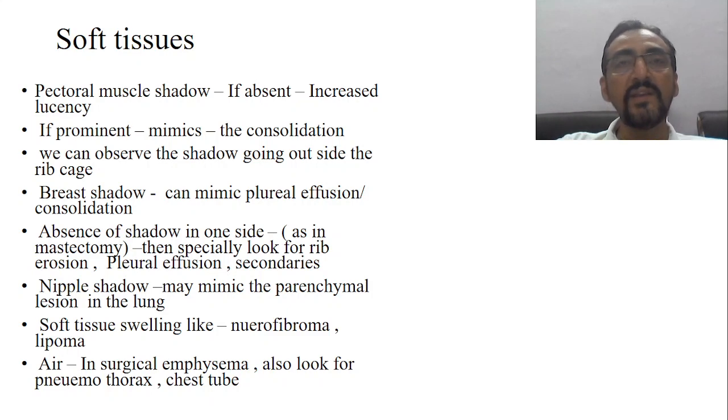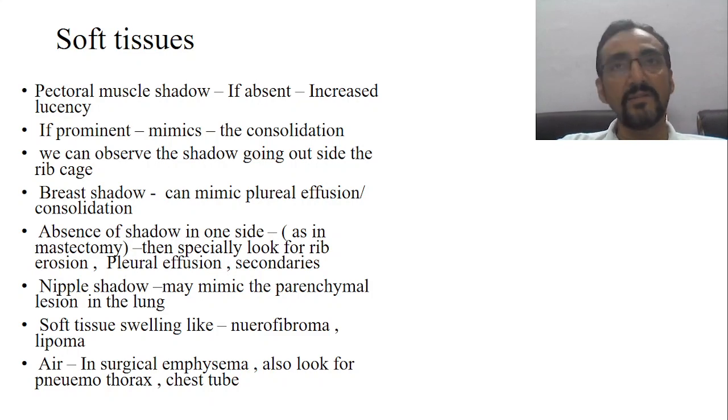What is seen in the X-ray is the lung parenchyma. Lung parenchyma contains the bronchus, air inside, and some of the blood vessels. Now in the chest area, apart from the lung, there are so many other things.